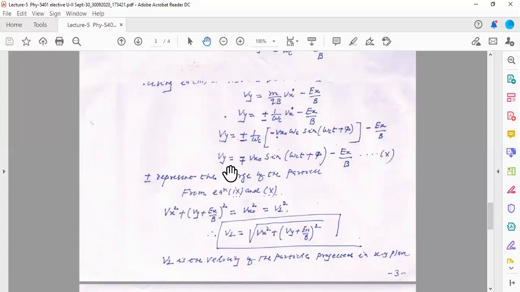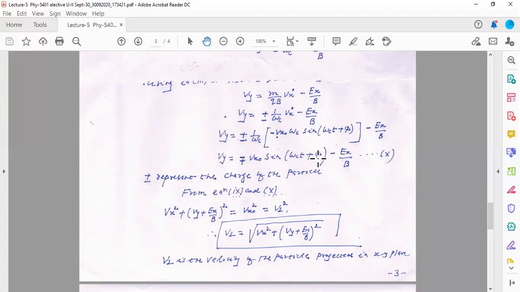This is Vy plus Ex by B. So I can rewrite this equation. Vy plus Ex over B is equal to minus or plus Vx0 sine omega ct plus phi.